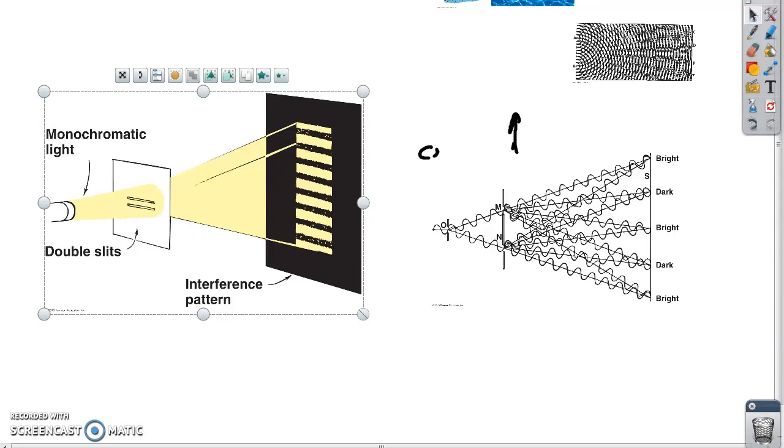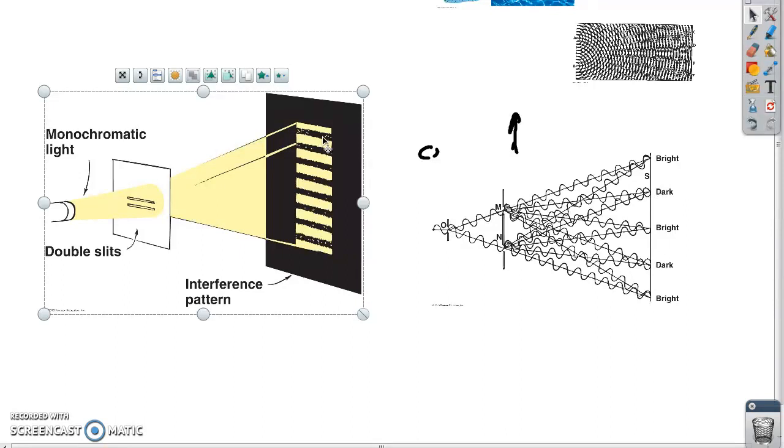What they would say is, okay, here's the light coming from here. If the light ray from this slot and the light coming from this slot are both going up at the same time and down at the same time, then they reinforce each other, and you have these really bright bands. But if those two light rays hit where they cancel each other out, then you would get dark, no light at all.